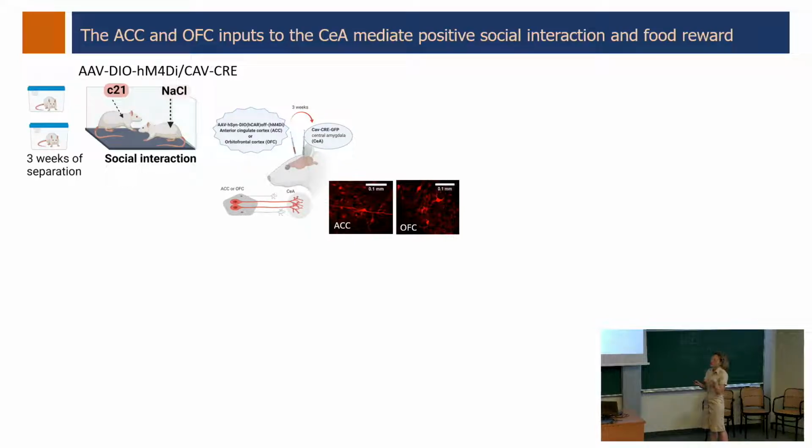And the part that was injected to the central amygdala was retrogradely transported to the cortex, so only the neurons that got both parts of the construct had the construct active, and that we could manipulate only those neurons that project from the cortex to the central amygdala.